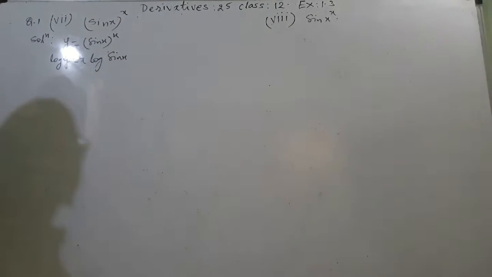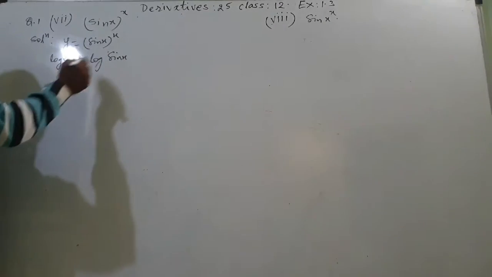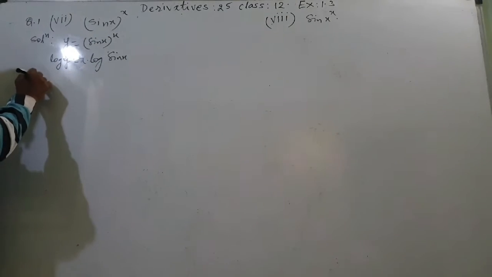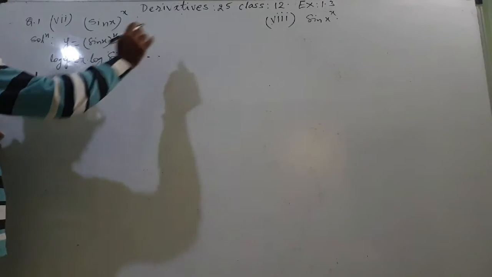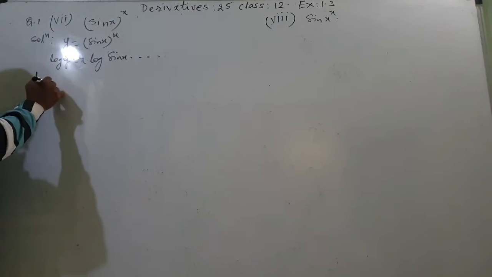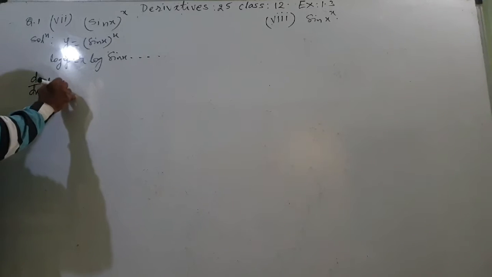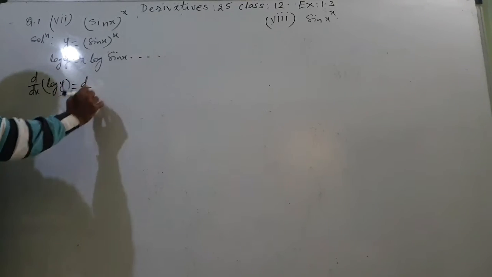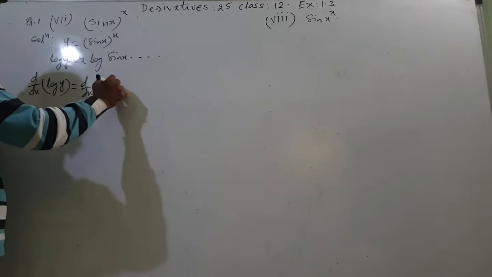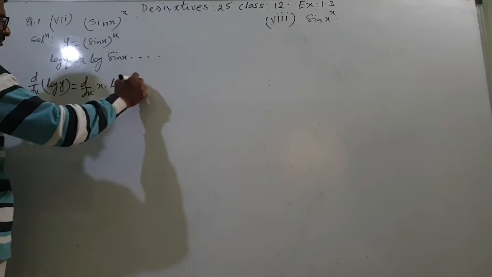Now take the derivative. This is u into v, a product of two functions. So d by dx of log y is equal to d by dx of x into log of sine x.